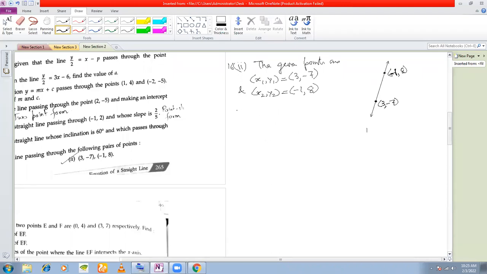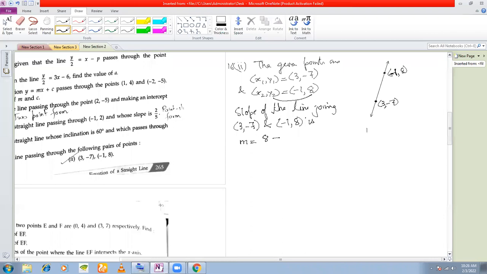So we apply the formula, slope of the line joining 3, minus 7 and minus 1, 8 is M is equal to y2. What is the value of y2? 8, right?